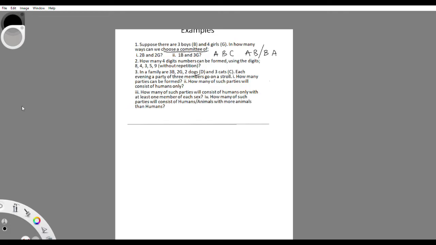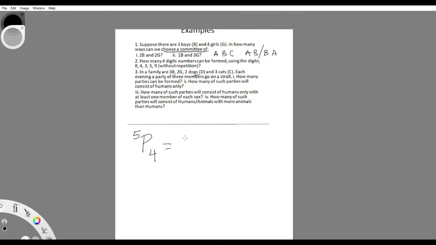Remember I told you that anything quantitative deals with what? Deals with permutation. That's 1, 2, 3, 4, 5. Permutation 4. How many 4-digit numbers can be formed from this without repetition?